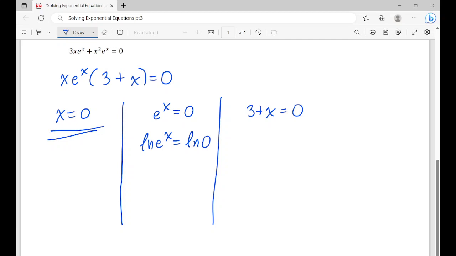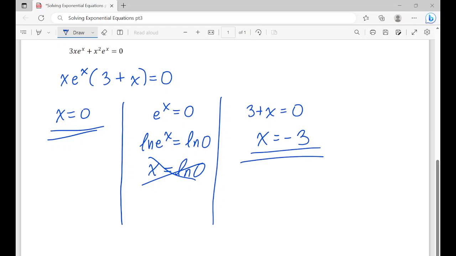And right here, I know I can stop, because while this will simplify down to just x, over here I have ln 0. And like I said before, you cannot take the log or natural log of a negative number or 0. So I can just discard this. And the last one's really easy. I can just subtract 3 over, so x equals negative 3.